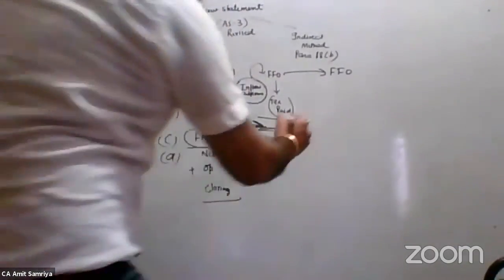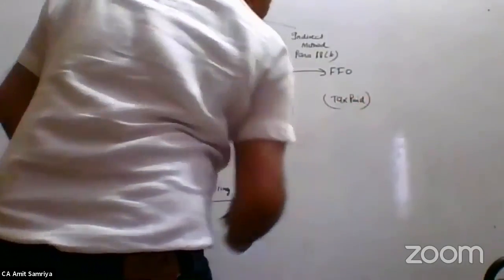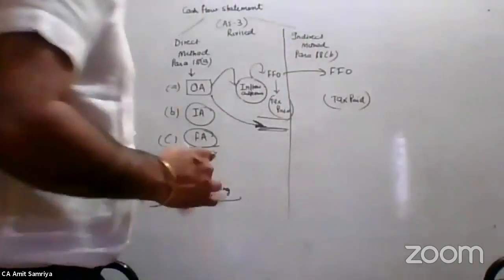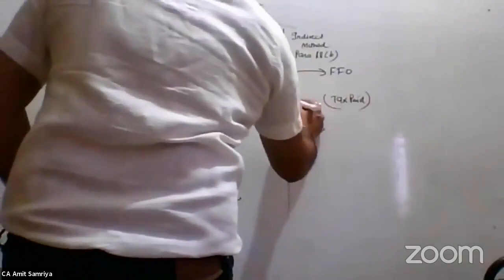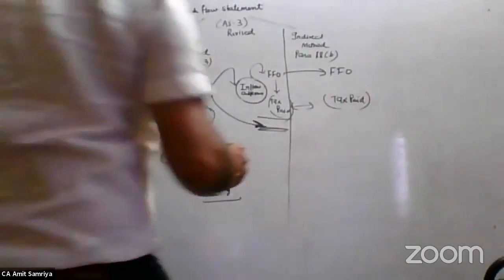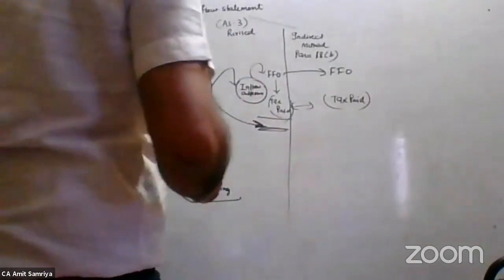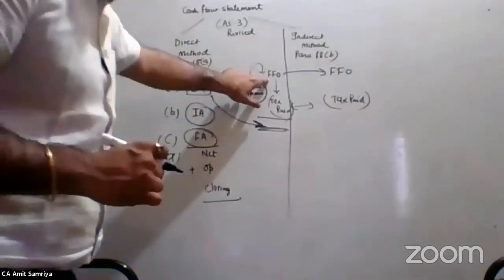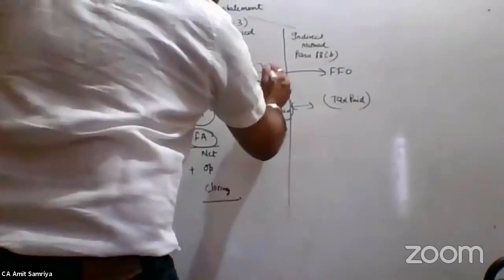There is no change in tax paid. Similarly, tax paid is deducted under the indirect method also. The same treatment. And students, you can give this name: suppose it's cash from operation.